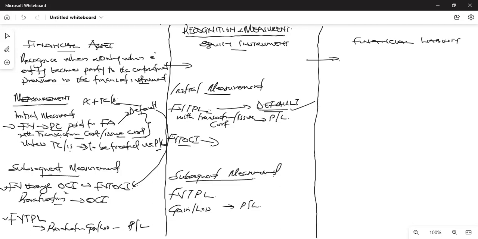Now, if the question restricts you to use the initial measurement as fair value through OCI, then your subsequent measurement will also be fair value through OCI with the revaluation gain treated in the OCI. Here, if you go through OCI, it means that the transaction cost will also be capitalized.